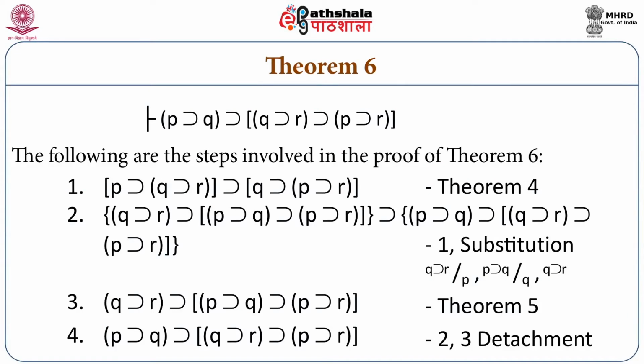All these derivations we have done so far look somewhat easy. Let us try a more complicated derivation, which is theorem number 6. Theorem number 6 looks like this: P implies Q, together implies Q implies R, together implies P implies R. Now, how do we apply correct rules so as to derive this theorem?